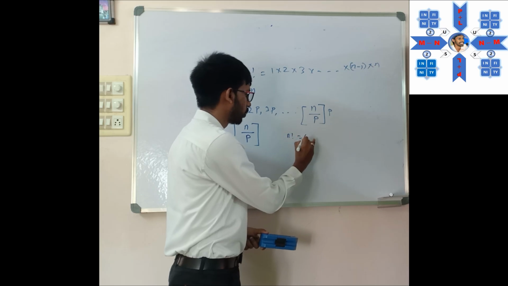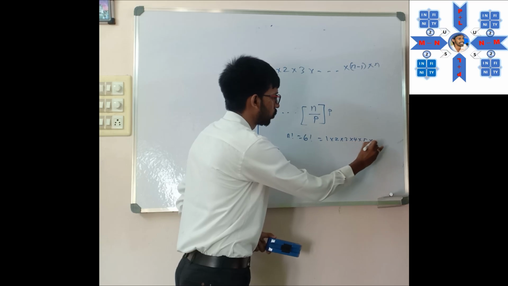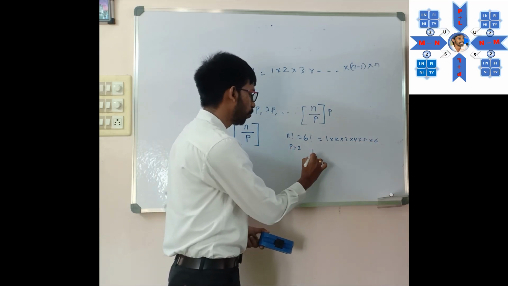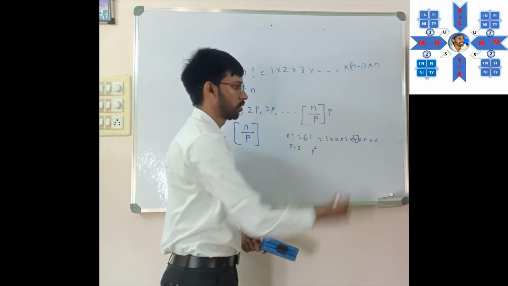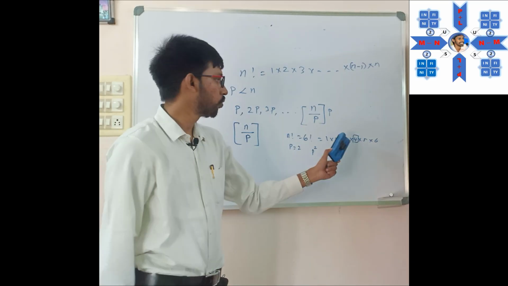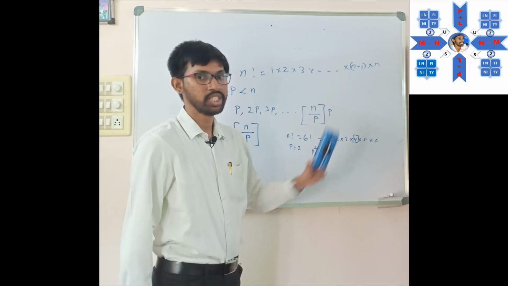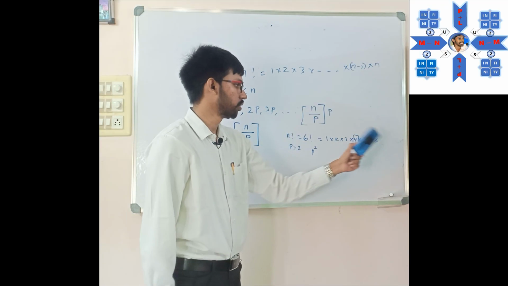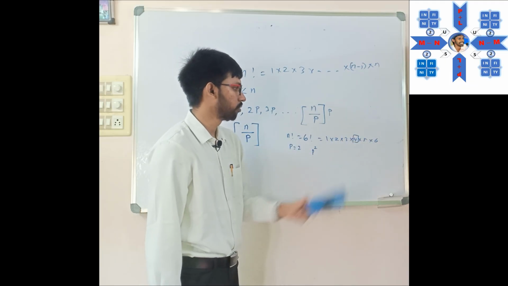N factorial equal to 6 factorial equal to 1 into 2 into 3 into 4 into 5 into 6. Here p equal to 2. Now if I have p square, now I have 4. Besides 4, I may not have anything additional, because it will go beyond that.